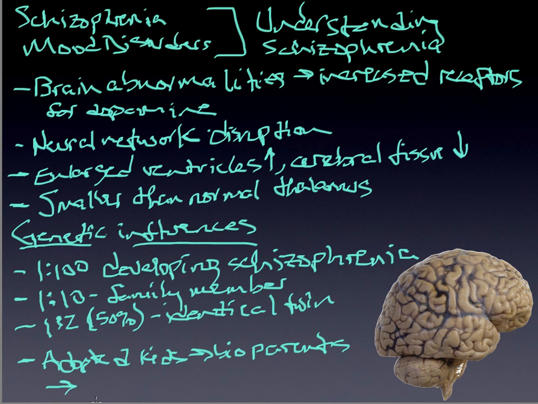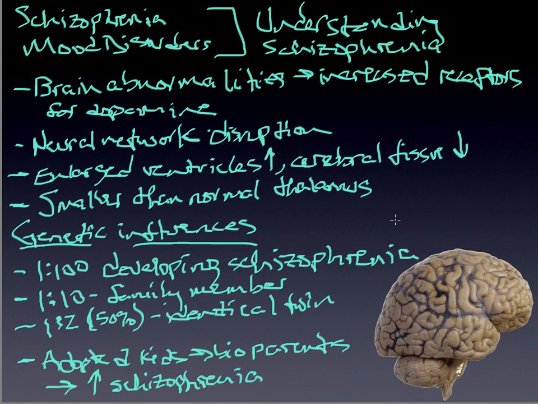Well, it certainly has a part in it, but with biological parents who are schizophrenic, the adopted kids' percentage goes up as well. So again, it points to the genetic component that goes along with the development of schizophrenia.